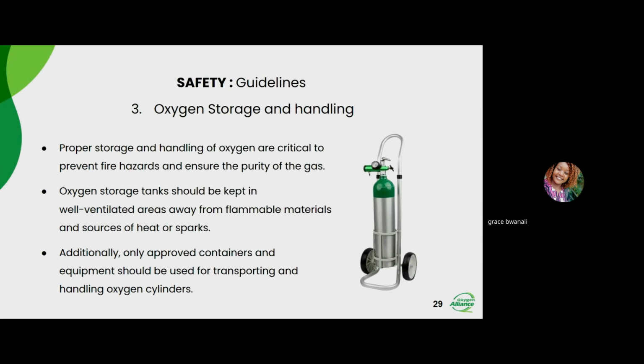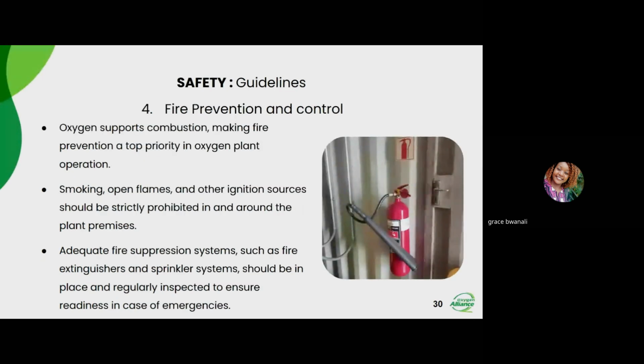The other point that I'm going to touch base on is the fire prevention and control. Normally in our oxygen plants, we are provided with fire safety control, most especially fire extinguishers. These are there to help us in moments where we get close to issues to do with fire.